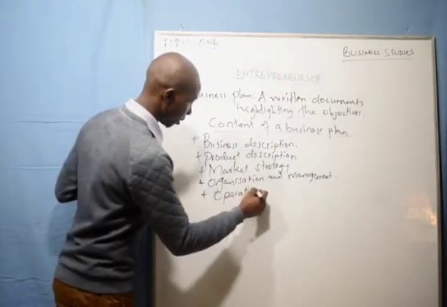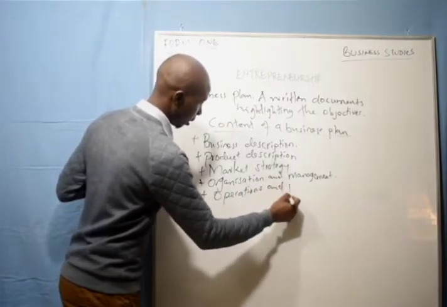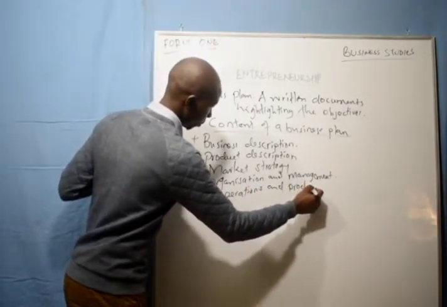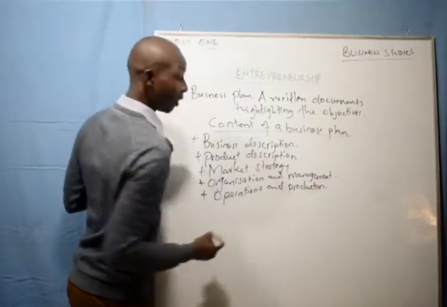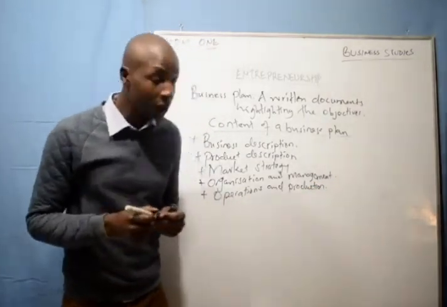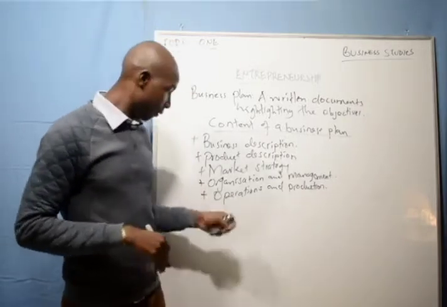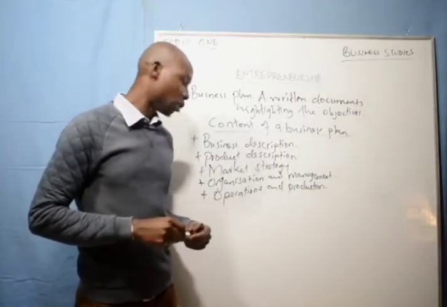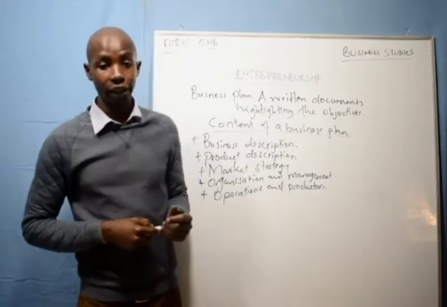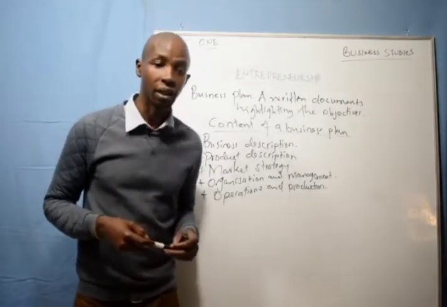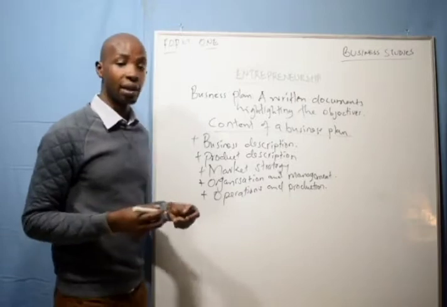Definitely, if you are producing a good, you must have what we call production line. And if you are providing a service, it means you must have the operation on how you are going to do it.